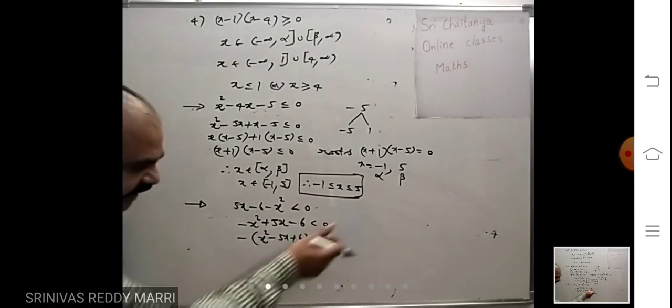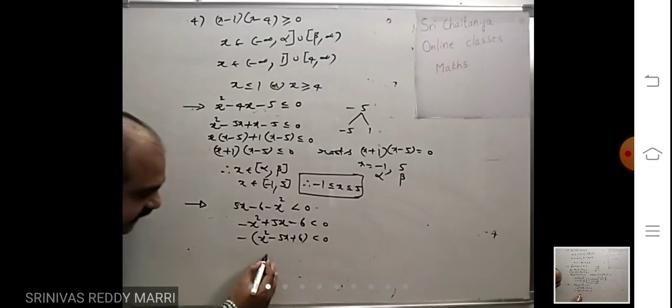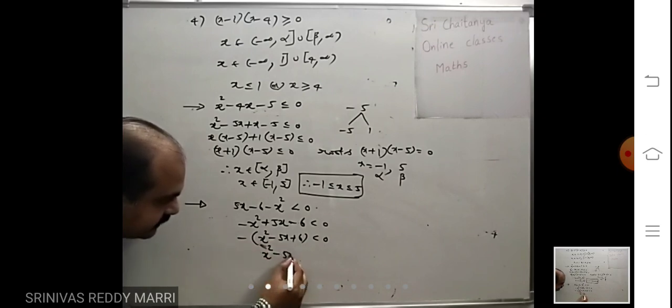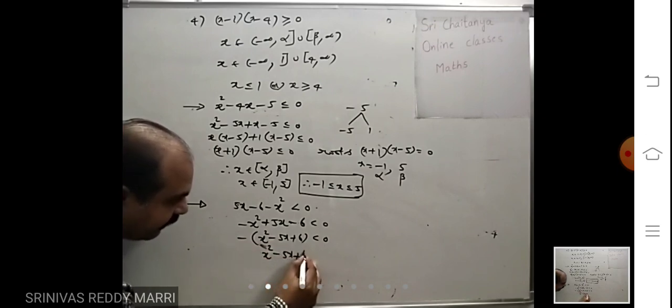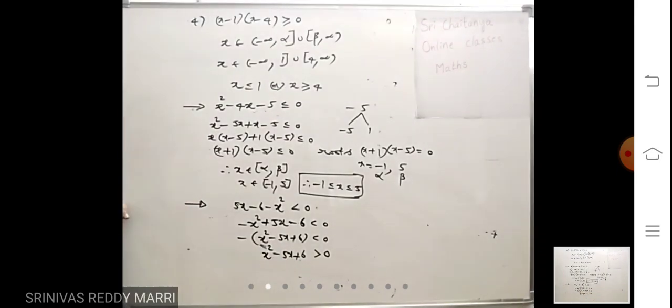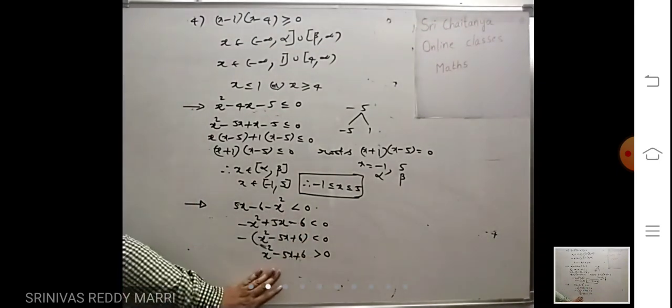Now both sides I am multiplying with minus. If you multiply with minus, inequality will interchange. x square minus, multiply with minus 1 on both sides, then inequality will interchange. If you multiply with minus, if this is less than, it will become greater than 0. So this is the one.